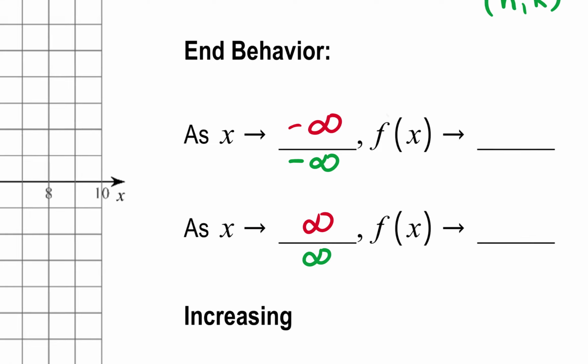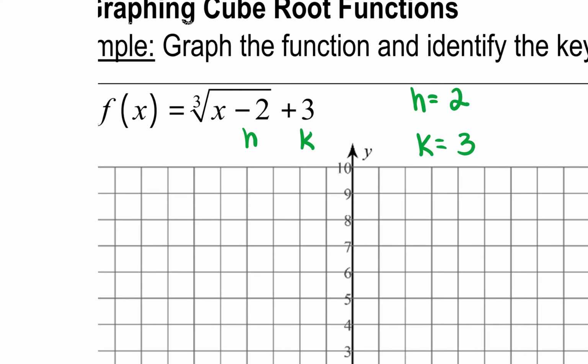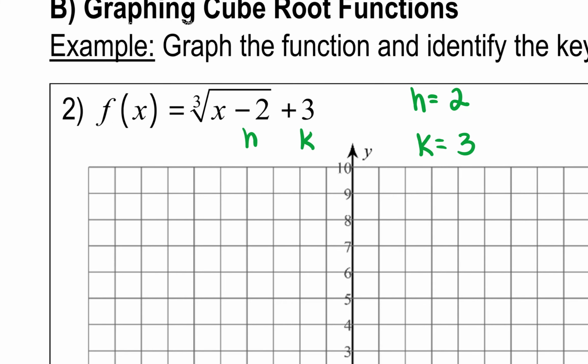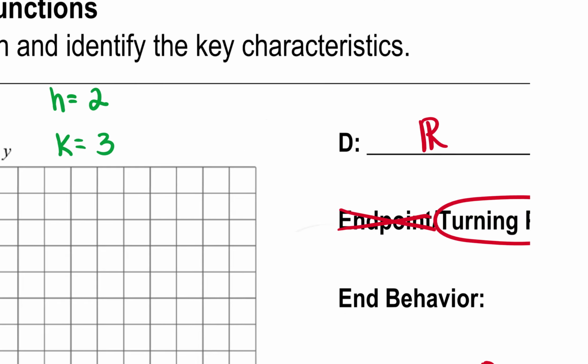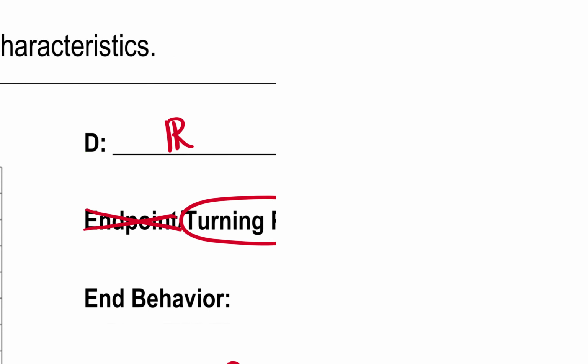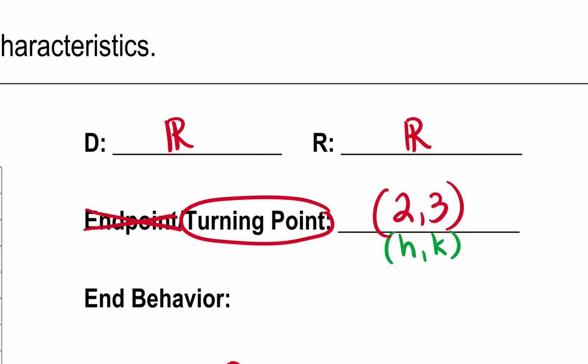Okay, so again, I'm going to have to do what I did before. I look at the very front of my cube root. Is it positive? Is it negative? Well, there's nothing there. There's no negative, which makes it positive. So because I have a positive cube root, this will be very easy. So if I have a positive cube root, they just match up with each other.